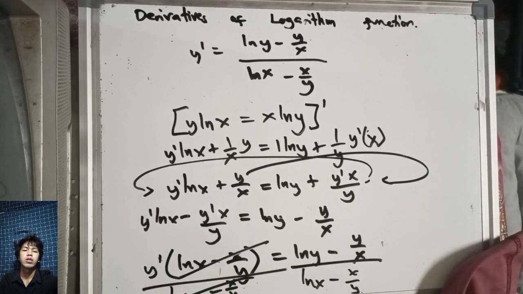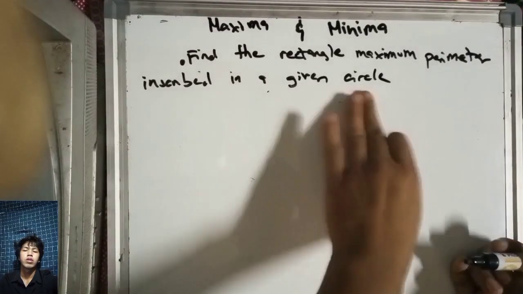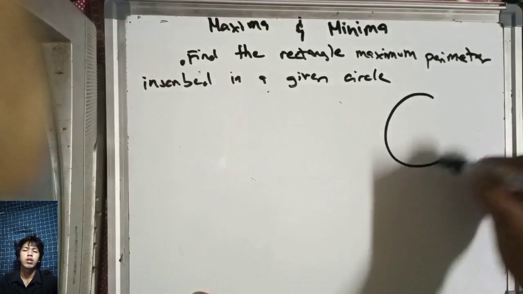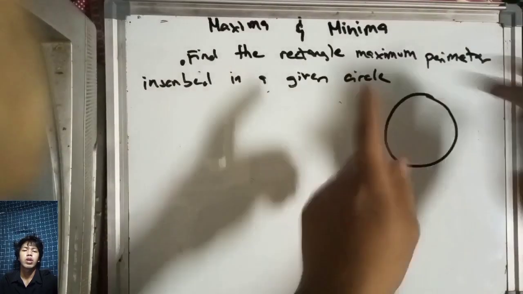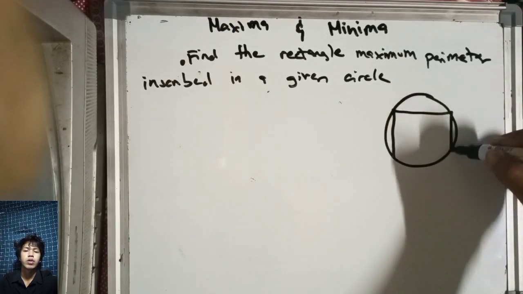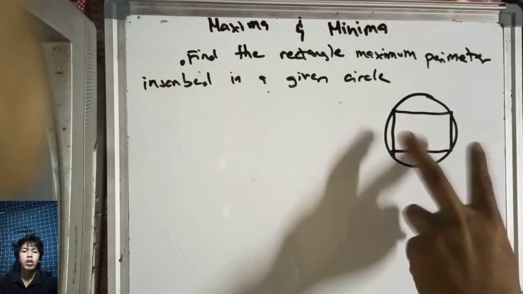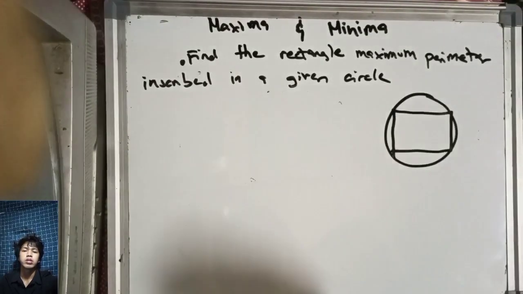Now, this is our next problem: find the rectangle of maximum perimeter inscribed in a given circle. So this says that if we have a circle with unknown sides, we can find the maximum perimeter of this rectangle inscribed in a circle.